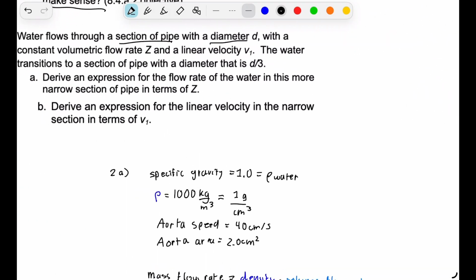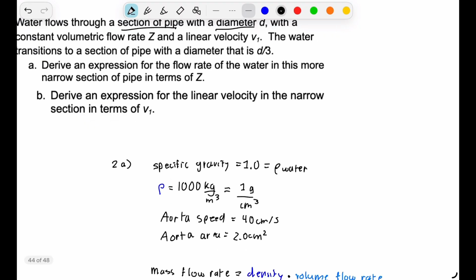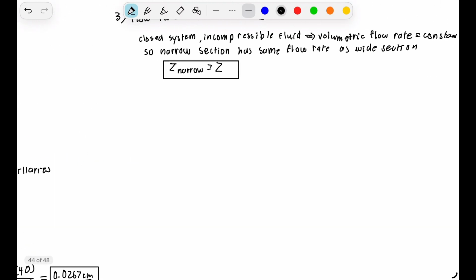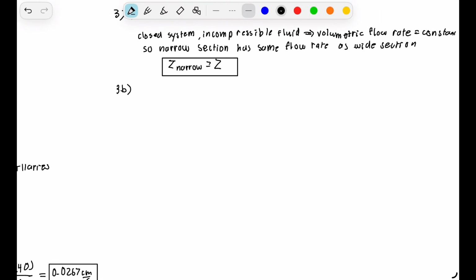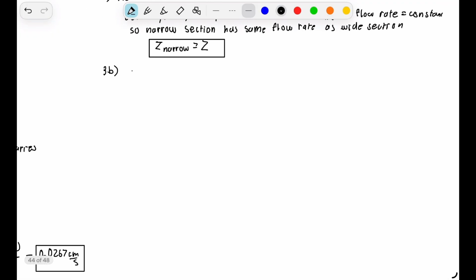Now, we're asked to derive an expression for the flow rate of the water in this narrow section of pipe in terms of Z. We want the linear velocity in the narrow pipe part. So we have a continuity equation, which is that A1 V1 is equal to A2 V2.